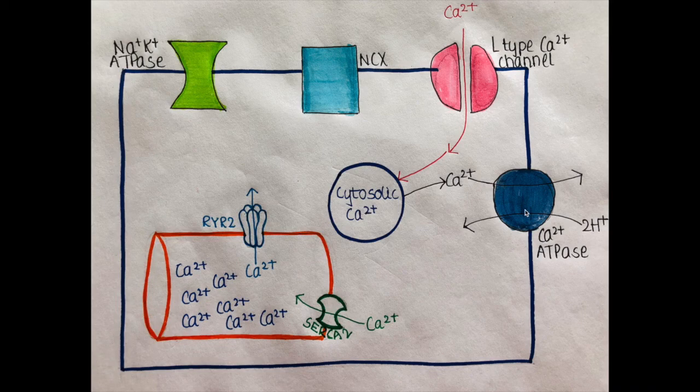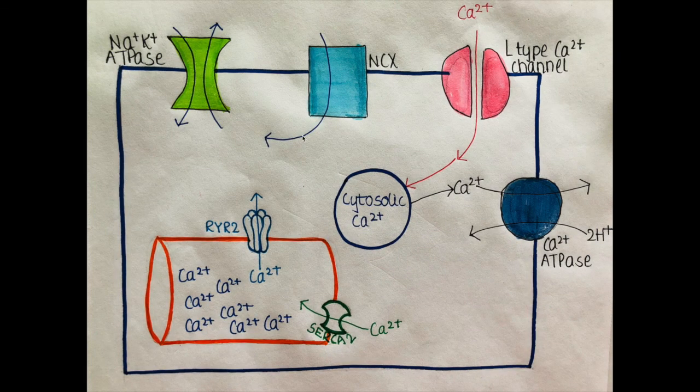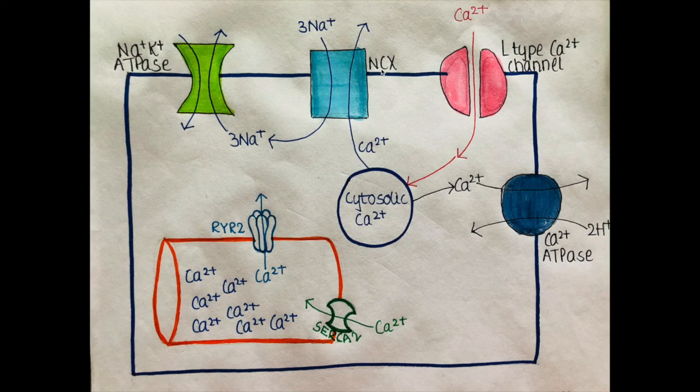One is through calcium ATPase, where calcium is thrown out for 2 hydrogen ions, as we have seen earlier, and the next one is in exchange for sodium ions, that is through the sodium calcium exchanger, where it throws out calcium and takes in sodium. So to sum it up, there is only one way through which calcium enters the cell, that is through L-type calcium channels, and 2 ways through which calcium moves outside the cell. One is calcium ATPase and one is the sodium calcium exchanger.